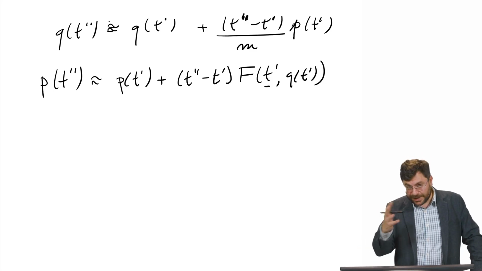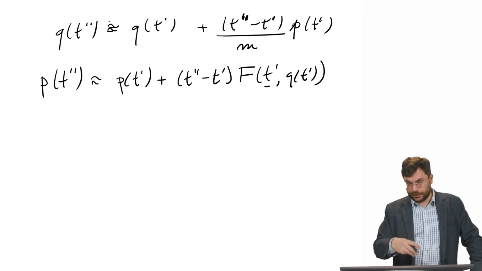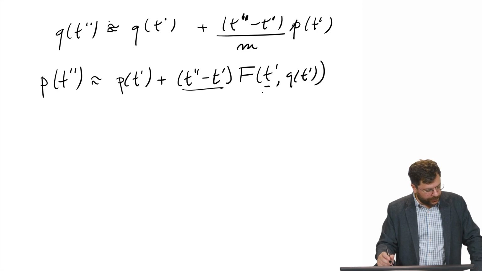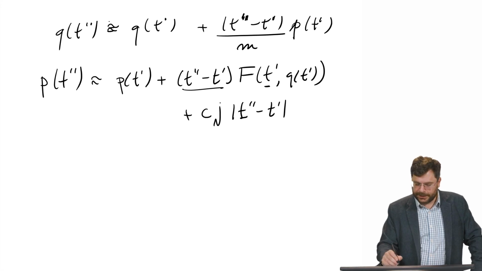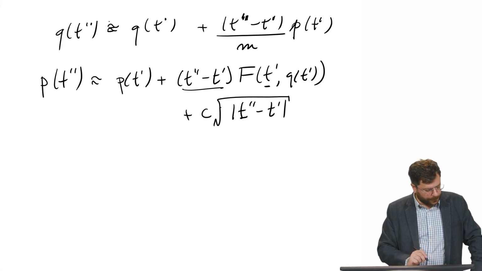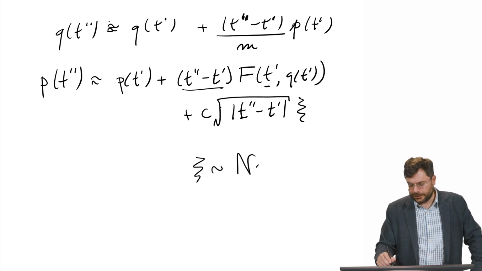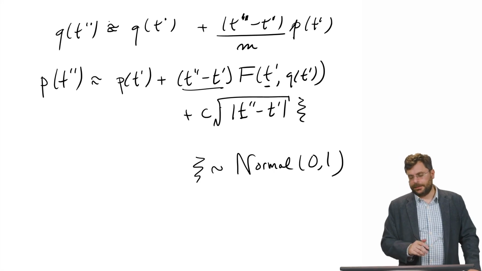Well, the fact that I can write force multiplied by the interval delta t suggests that the force was sort of independent of t. I could pull it out of the integral and then multiply the interval by the force. And then finally plus c square root of t double prime minus t prime, times z, where z is drawn from a normal distribution with mean 0 and variance 1.